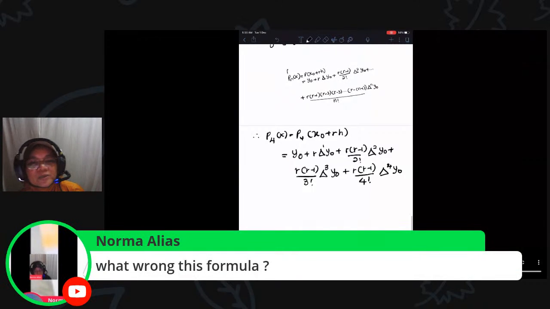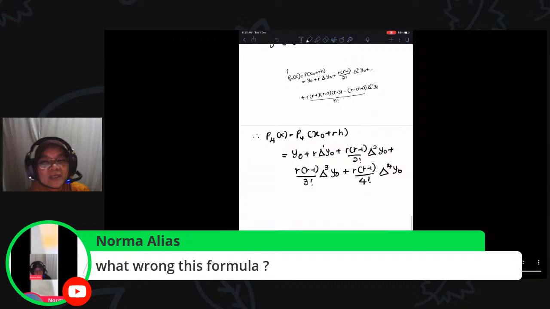The formula should be r minus 1, r minus 2, r minus 3 divided by 4 factorial delta 4 y naught. Delta 4 y naught is J.